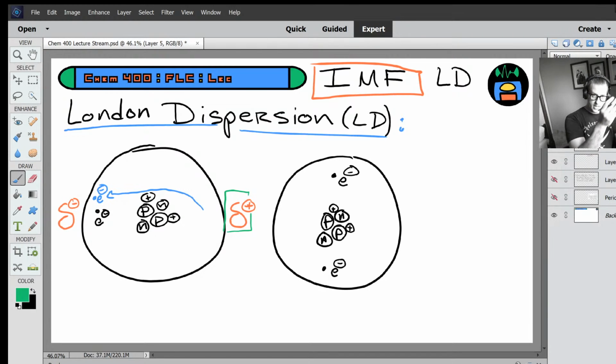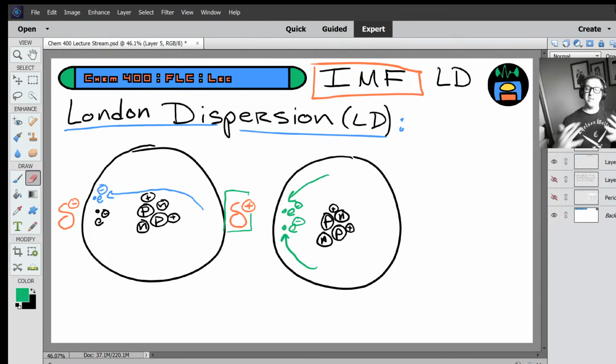Well, it's a partial positive. The electrons are negative, and opposite charges attract. So this partial positive will actually pull the two electrons to this side of the orbital. They will move towards that partial positive charge because they're negative and they're attracted to it. What does that create in this helium atom?